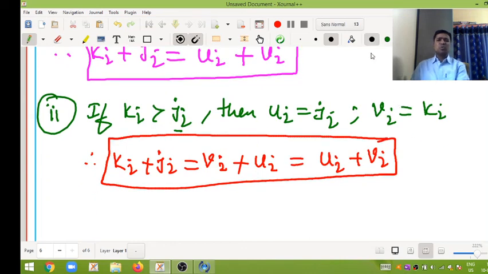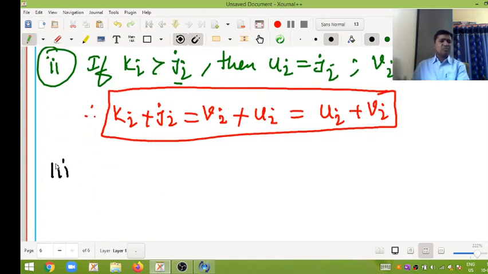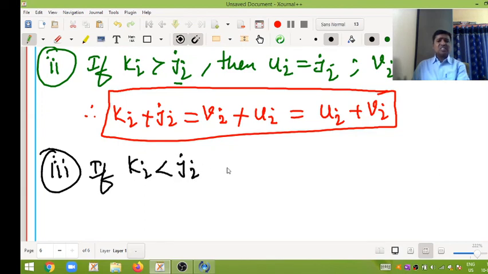Similarly, we want to prove case 3, my dear friends. What is case 3? If ki is less than ji, then ui is equal to minimum of ki comma ji. In these two, which is the minimum, my dear friends? Ki is less than ji, so the minimum is ki.